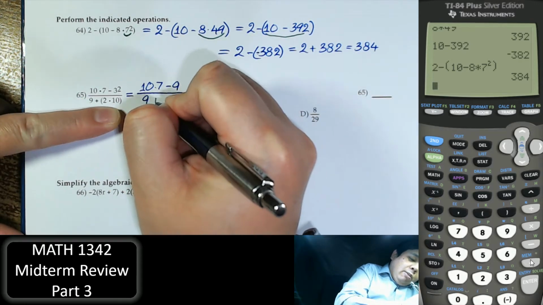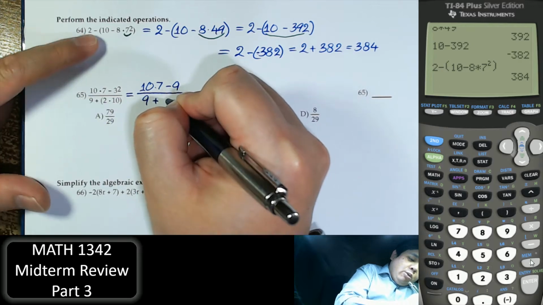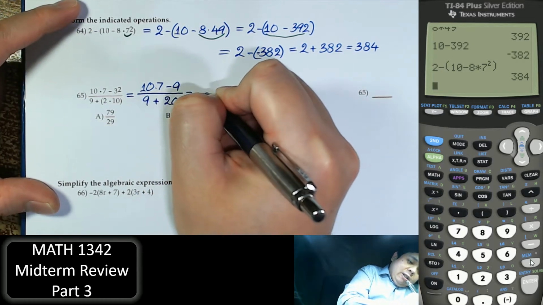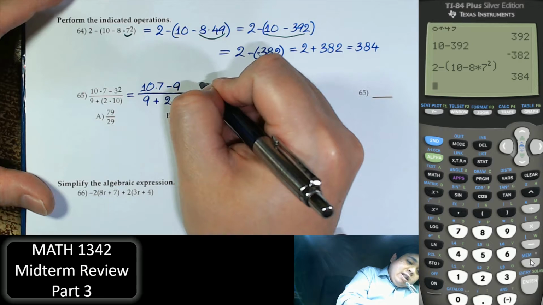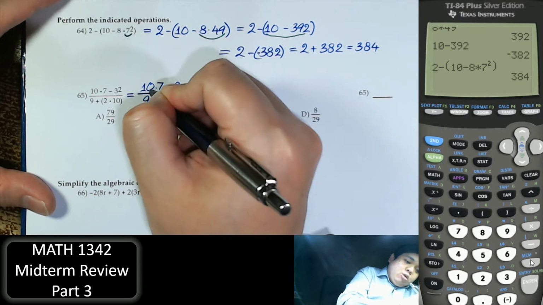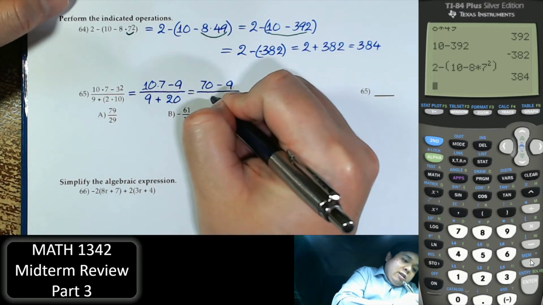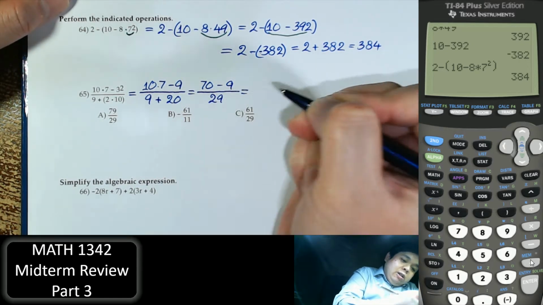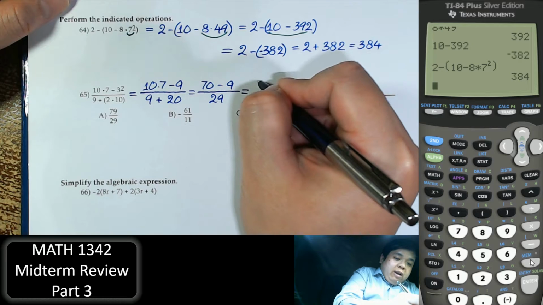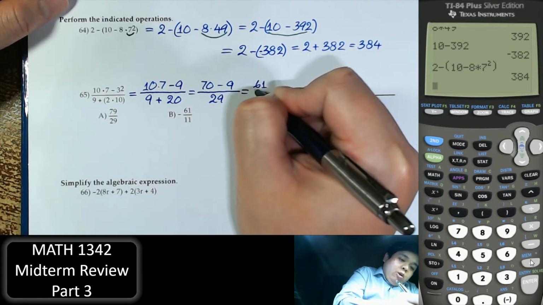And then at the bottom, 10 times 2 is 20, 10 times 7 is 70, and then minus 9. So multiply, divide before add or subtract. That's what we have. So we have 61 over 29.